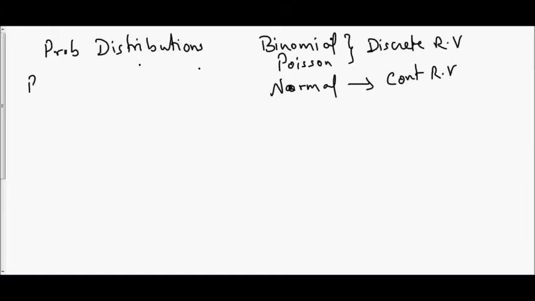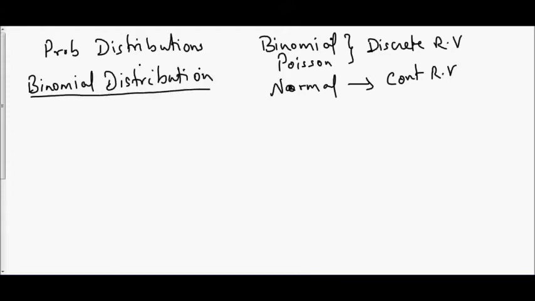Let's first start with the binomial distribution. This is a discrete distribution, as I have just mentioned. There are some properties with which you can identify if the data given follows the binomial distribution or not.